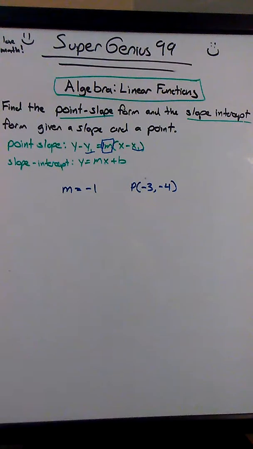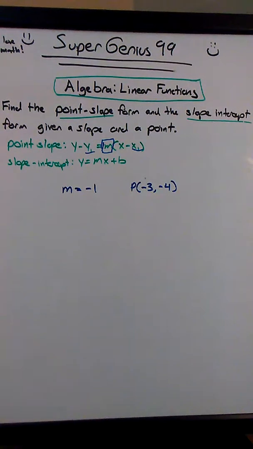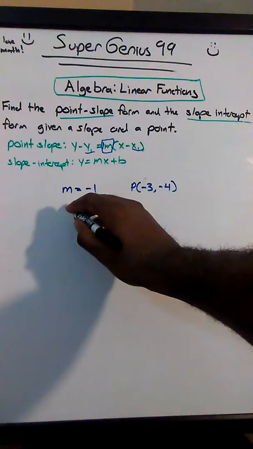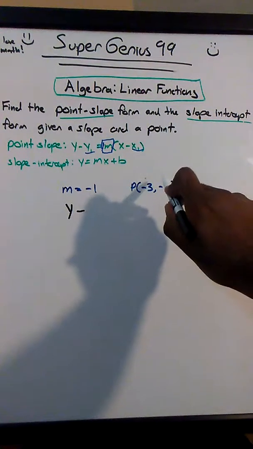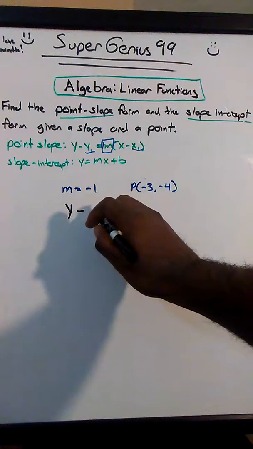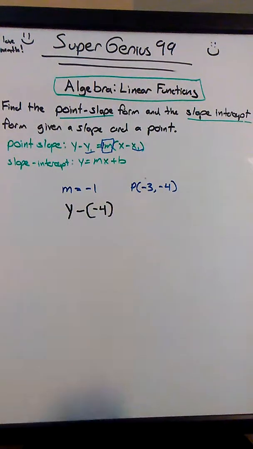Okay, here's another one. Here we have the slope as how much? -1. And we have the point as -3, 4. Okay, so first thing, just plug into your point slope form, and you have y minus, what's your y1? 4, so I'm going to put that in parentheses so you don't lose the negative there.